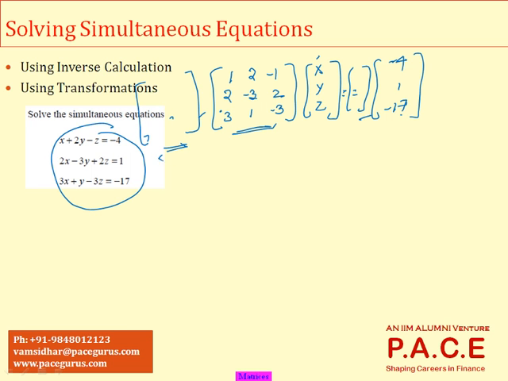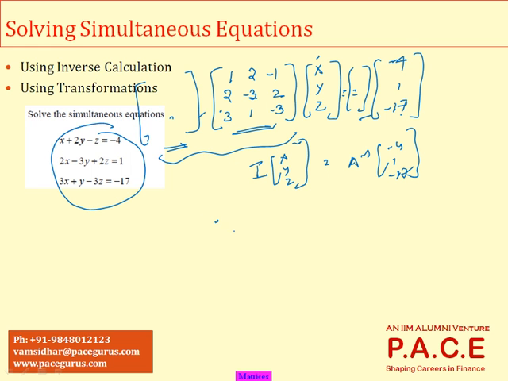Now obviously you know that A into A inverse is nothing but I, so here this becomes I into x, y, z, and here this becomes A inverse into minus 4, 1, minus 17. This is what will help me, since I into xyz is nothing but xyz. So using that I can find the values of x, y and z.